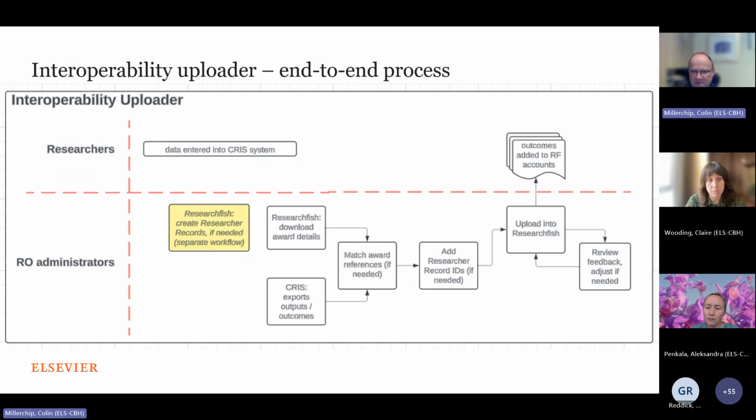To give you a sense of the end-to-end workflow, data entry will be happening by either yourselves or your researchers into your CRIS system. There's a little workflow to create these researcher records. When that's done, you'll pull down information from Researchfish about the awards, and pull information from your CRIS system about the outcomes.